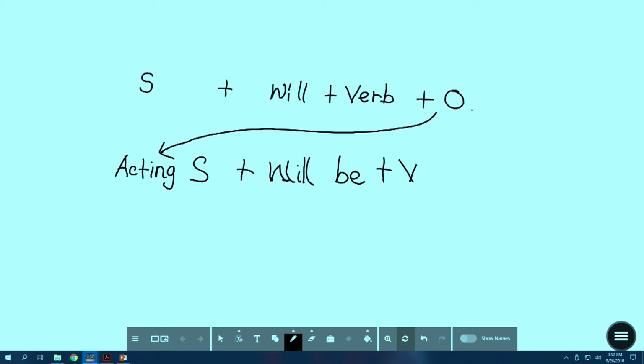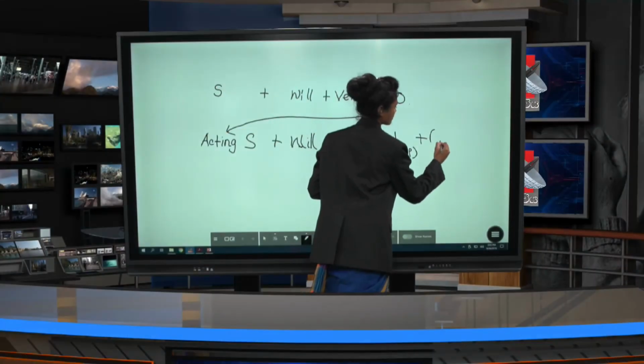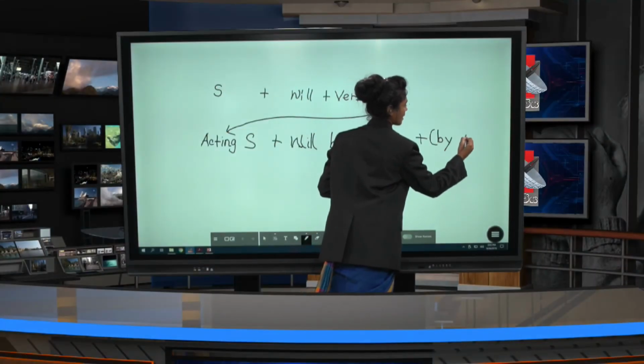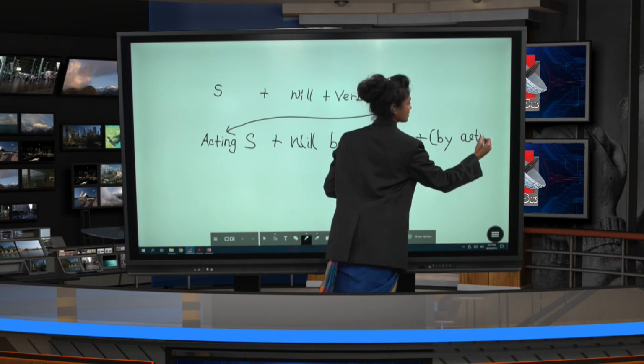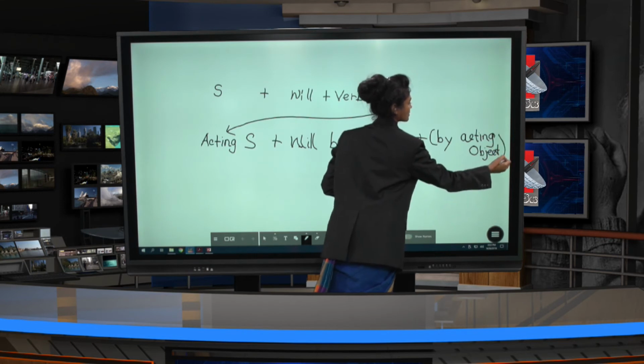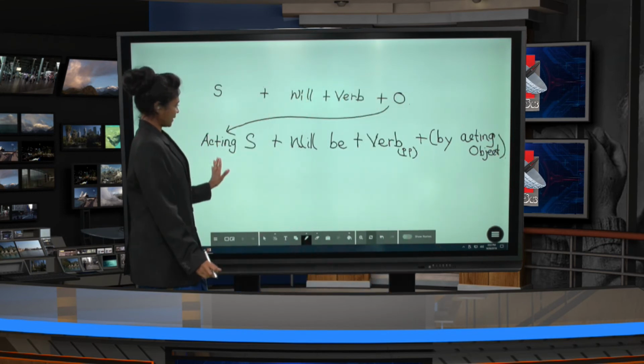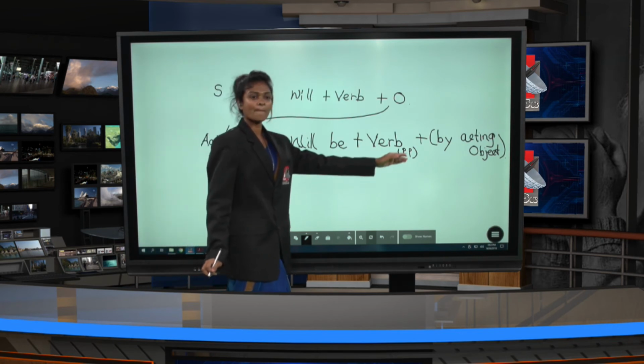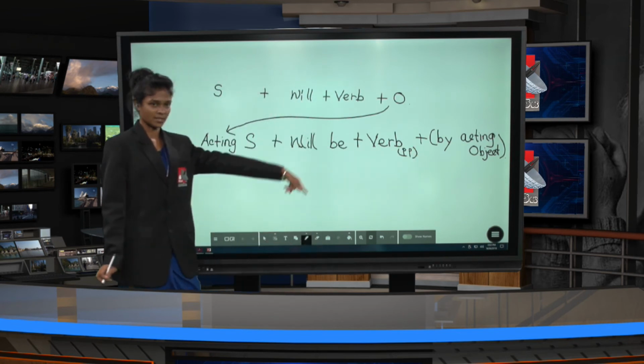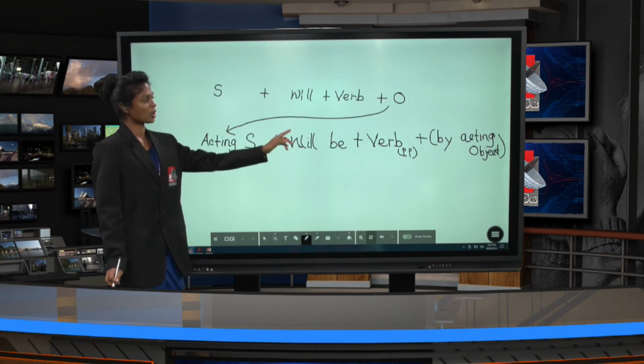It should be the past participle. Then by plus the subject. If you want, you can add by plus the acting object. It is not the real object, it is the acting object. This is how: a picture will be drawn by her. She becomes her.